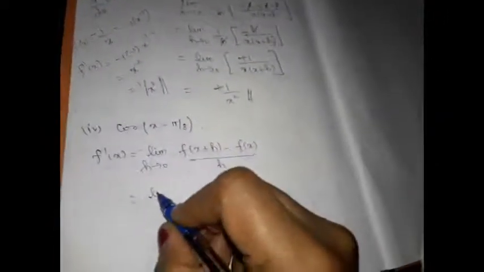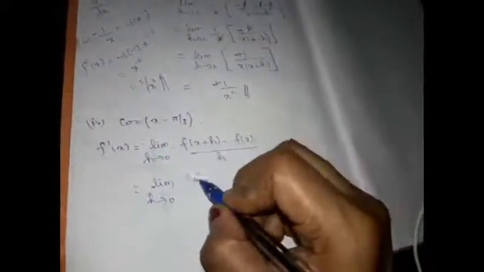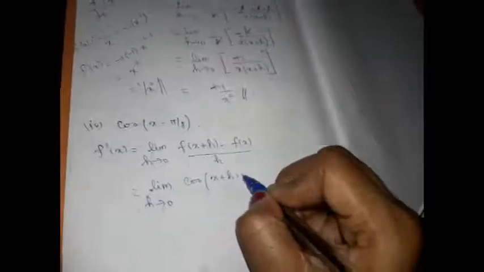So f of x is cos of x minus pi by 8. So in the place of x we need to replace x plus h. So cos of x plus h minus pi by 8, right, minus cos of x minus pi by 8, the whole divided by h.